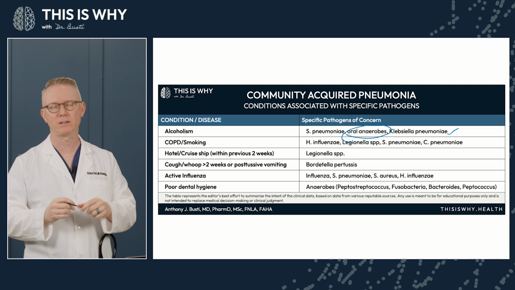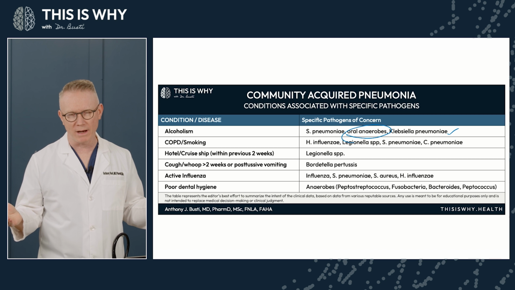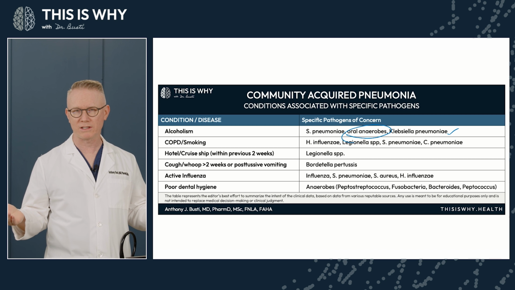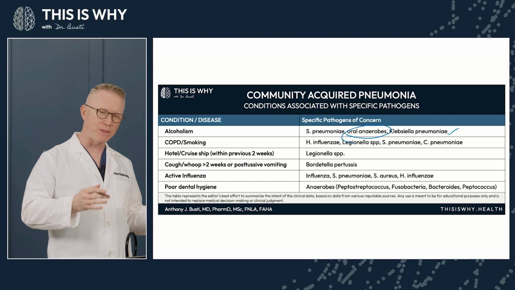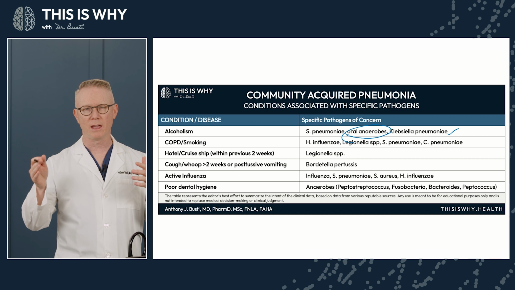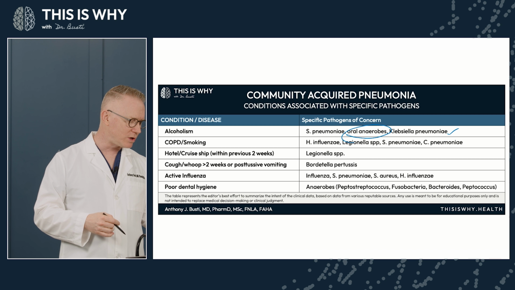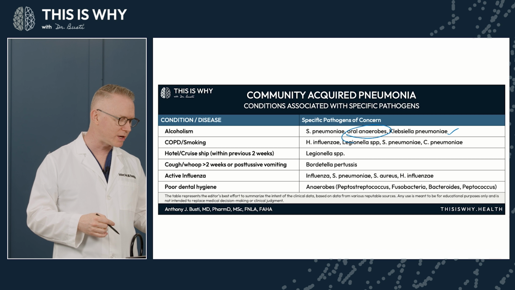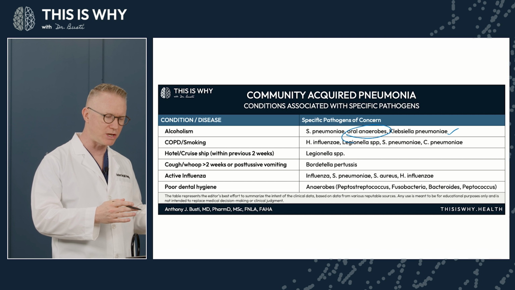Now, there is debate about whether, just because someone has aspiration pneumonitis, you necessarily start them on empiric antibiotics right away. But you have to put that in the context of the patient: how well they are doing clinically, and the other comorbidities that may be present. With COPD, when you see hotels, cruise ships, Legionella species, again, classic patterns of association.